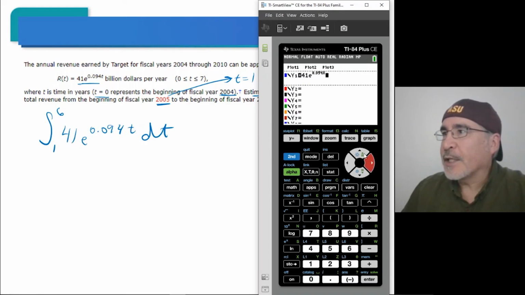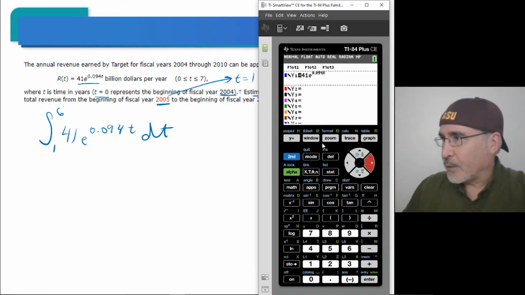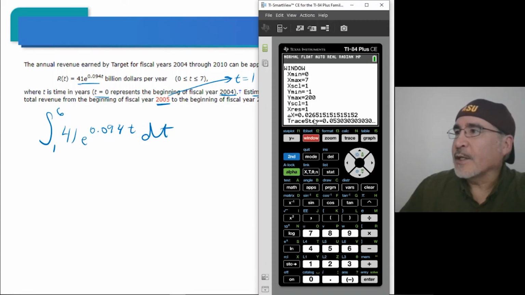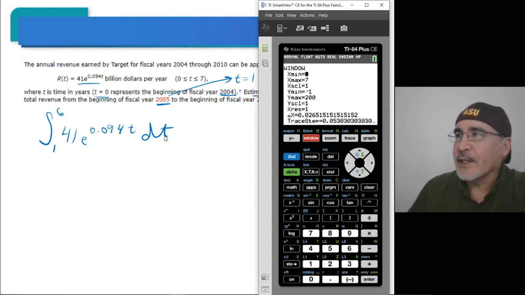That's all we need to put in. Let's check our window. We're going from, sorry, 1 to 6. 0 to 7 will work. We've got it currently set at about 200, which I'm going to leave at that. I think that'll be enough.